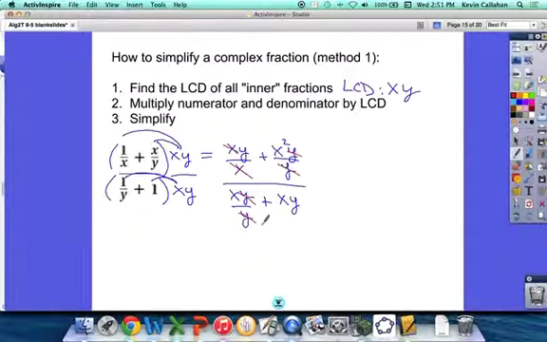And you write your answer. The answer is y plus x squared divided by x plus xy. Done. So now we have a rational expression, but there's no more fractions inside of it.